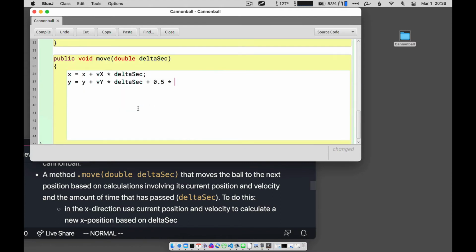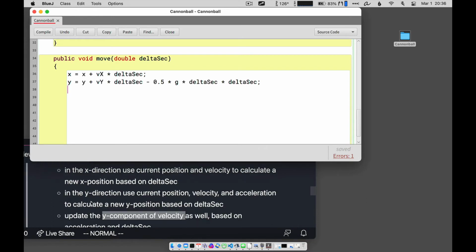Remember, it's down, so I'll say minus 1/2 g times delta sec squared. I'm just going to make it easy and say delta sec times delta sec. So y is going to be equal to y initial plus vit plus 1/2 at squared. Oh yes, okay, so that's working. That's going to work for me, I think.